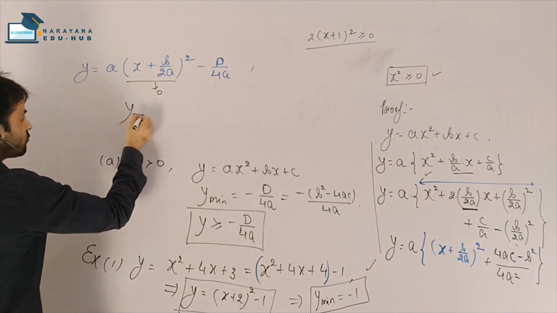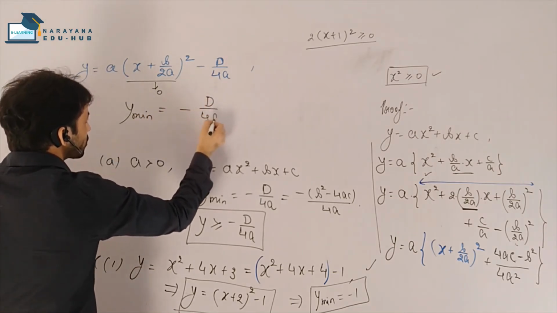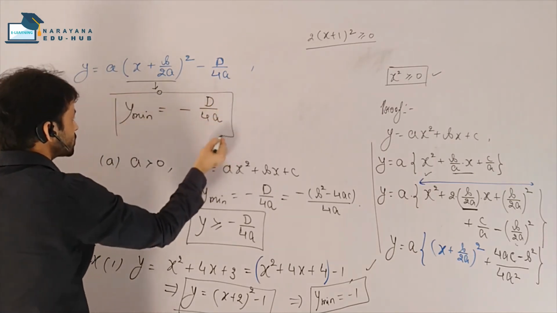So the minimum value of y is this, minus D by 4a. So this is the result we have derived.